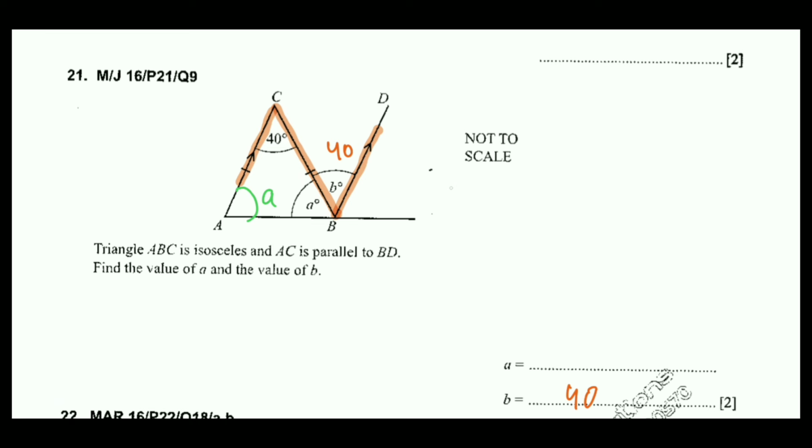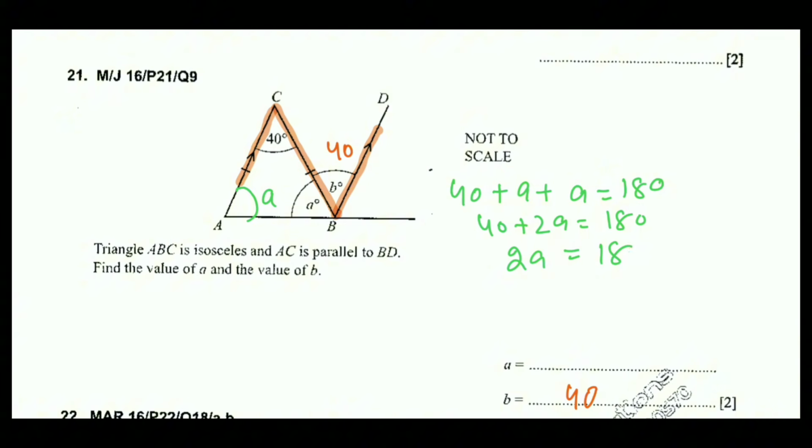So 40 plus A plus A is equal to 180. 40 plus 2A is equal to 180. 2A is equal to 180 minus 40. 2A is equal to 140 and A is equal to 140 over 2, 70.